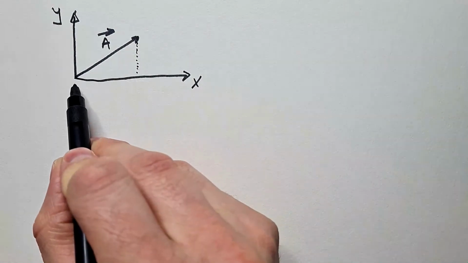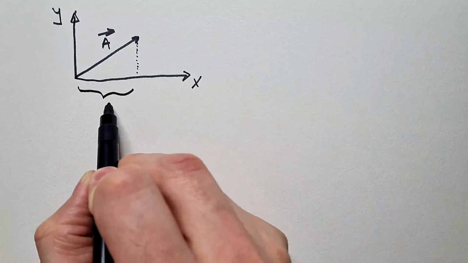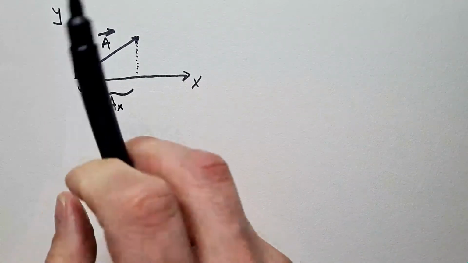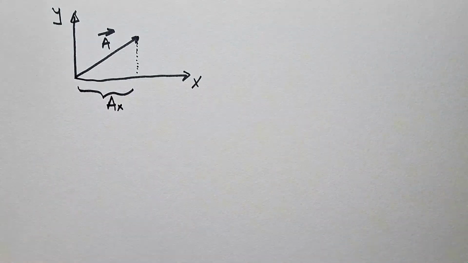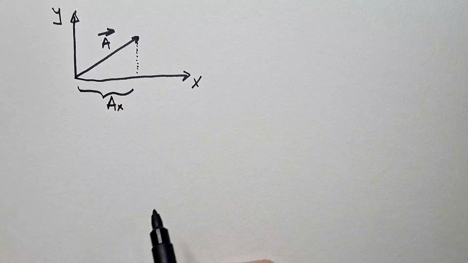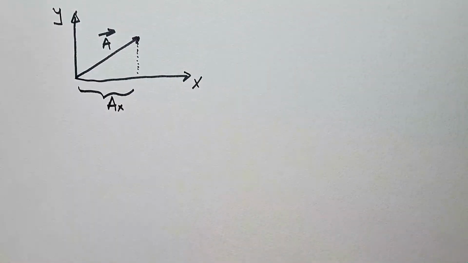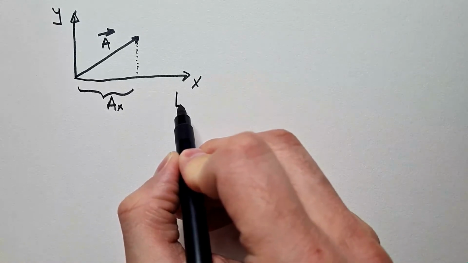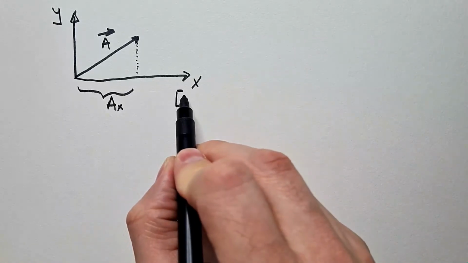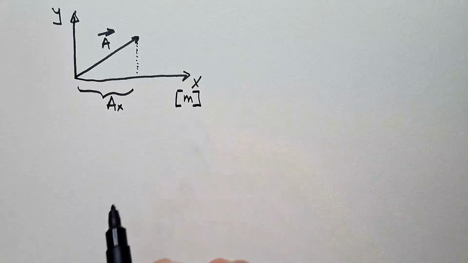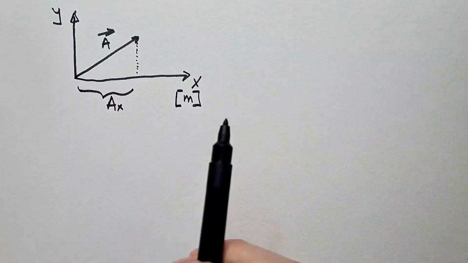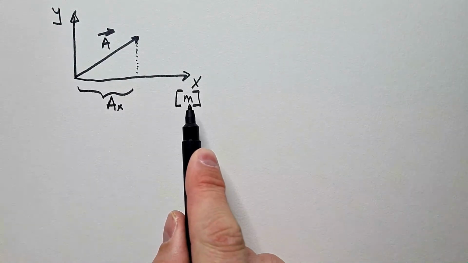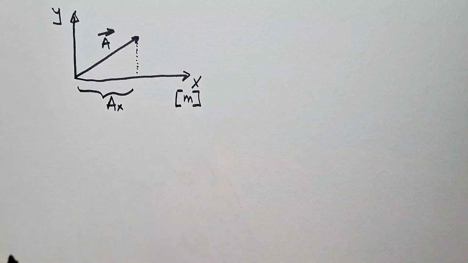So this over here is what we call the Ax component of vector A. Now, let's say that the x-axis has some measurement units, and let's say it's meters. You will see soon, it doesn't really matter, but just for the sake of argument, let's say this is in meters.